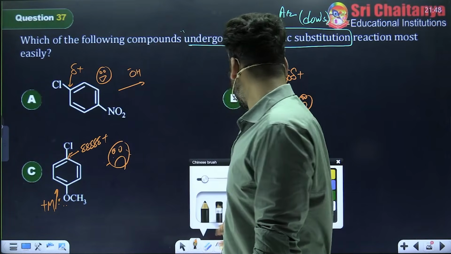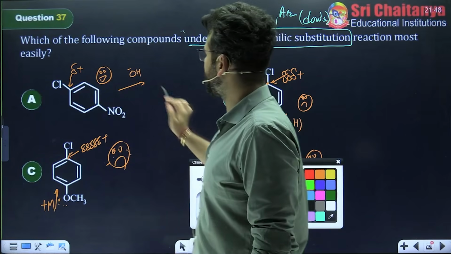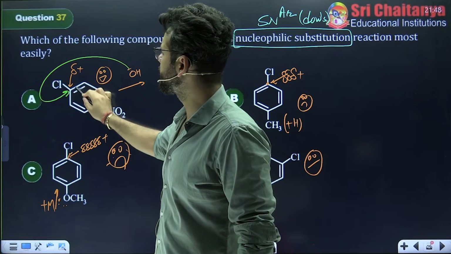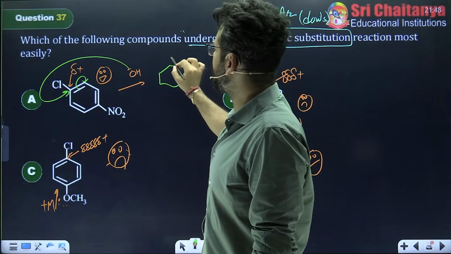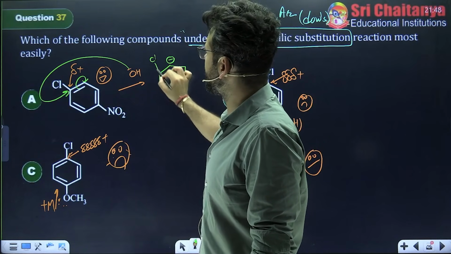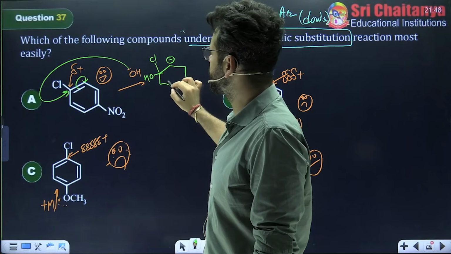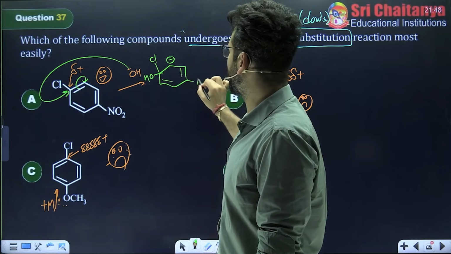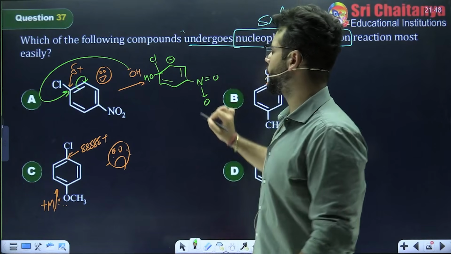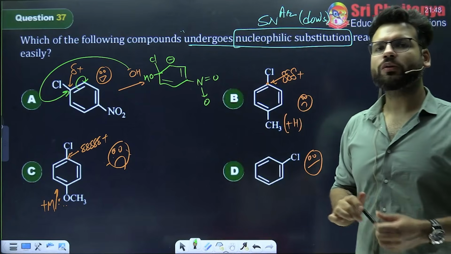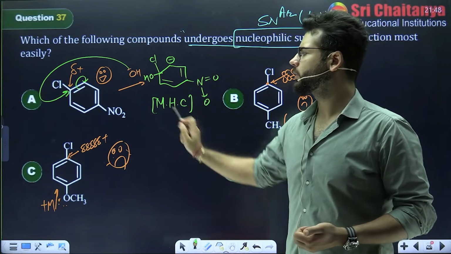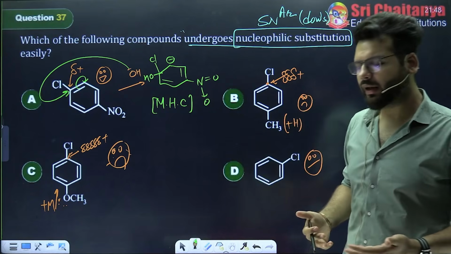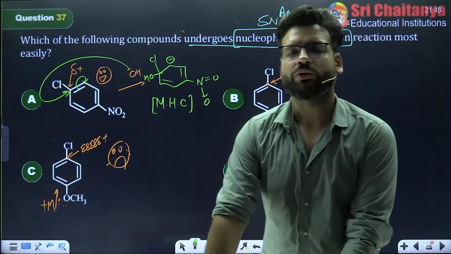This is called an addition followed by elimination reaction. So first OH minus adds here like this. This pi becomes a negative charge, giving you a carbanion which looks like this as an intermediate: Cl, OH, pi, NO2. This is the Meisenheimer complex. It looks like an arenium cation, which is formed in electrophilic substitution reactions.